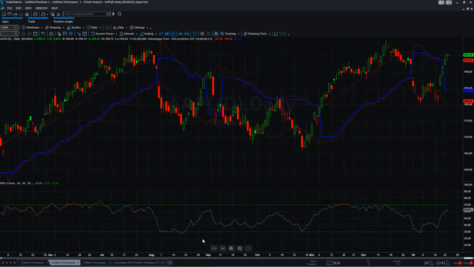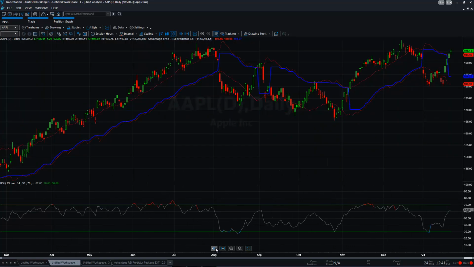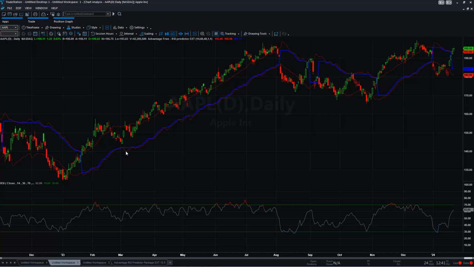What you'll see is a trailing stop that looks like a super trend indicator that creates dynamic support and resistance zones based on the predefined RSI levels. In our case, they're 40 and 60 points.